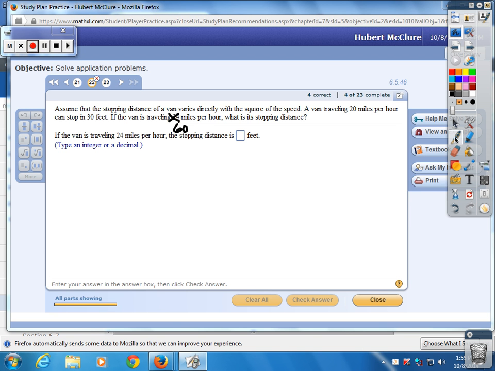So I'm going to say stopping distance, and you can write it out in words if you want to. Stopping distance is equal to K times the square of the speed.